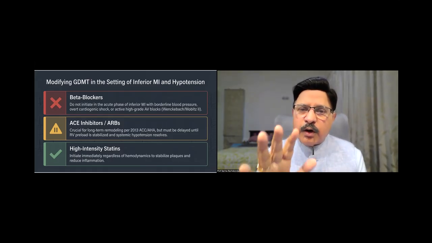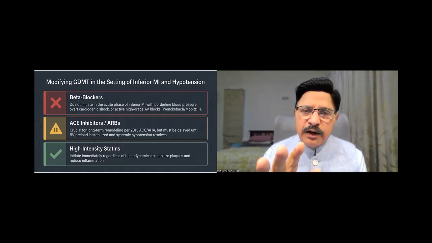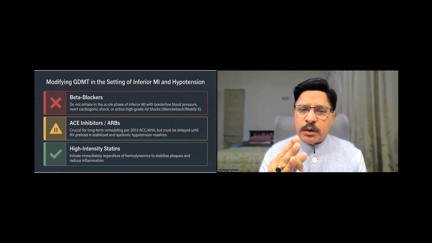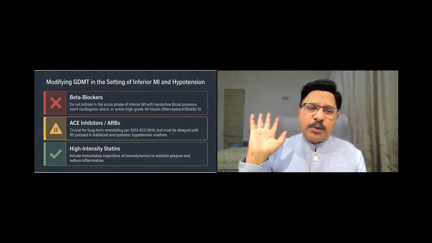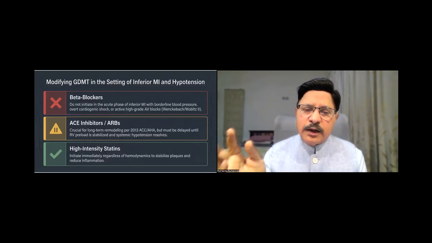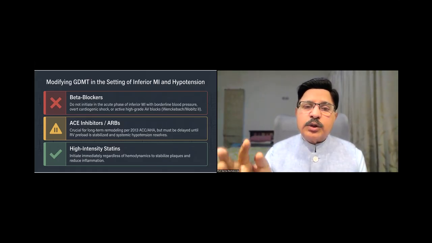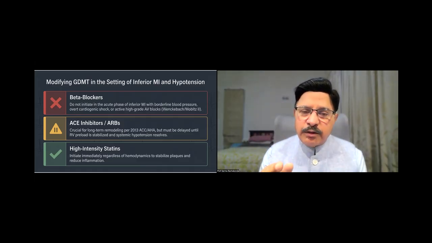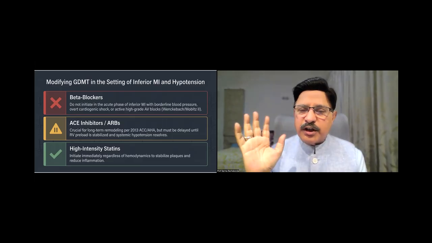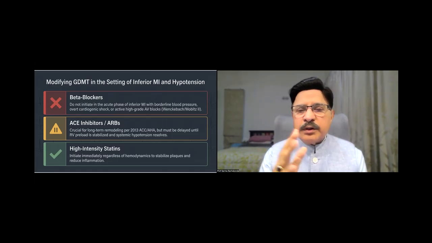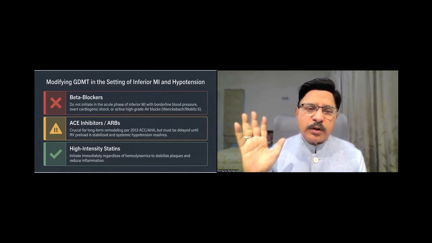Beta blockers are contraindicated in inferior MI with borderline blood pressure or cardiogenic shock, and active high-grade AV blocks like Wenckebach and Mobitz type 2. In all other cases, beta blockers will reduce the sympathetic tone, decrease the demand, and decrease the arrhythmogenicity of the infarcted myocardium. So, I will give. What beta blocker do I give? Not propranolol or any old conventional thing, but metoprolol, carvedilol, nebivolol. These are the newer selective beta blockers you use.